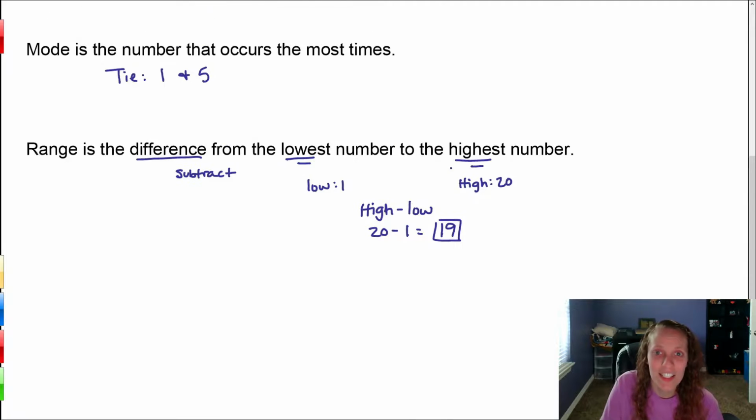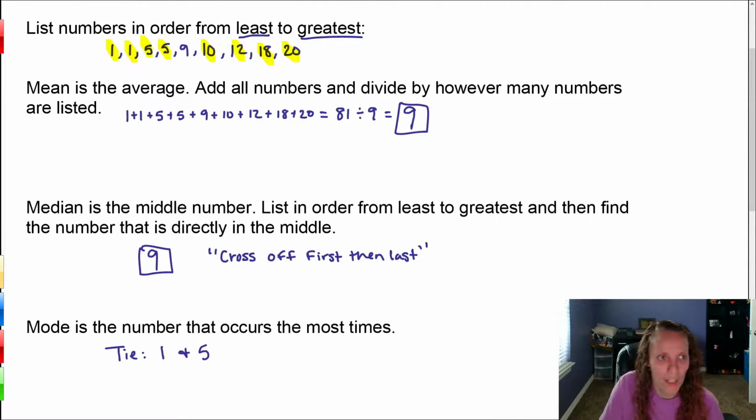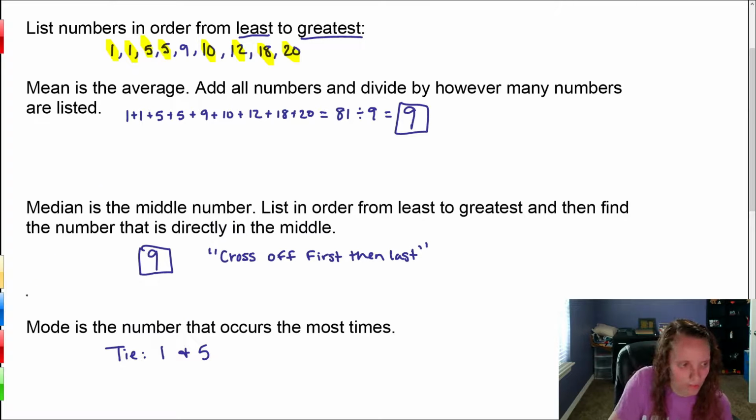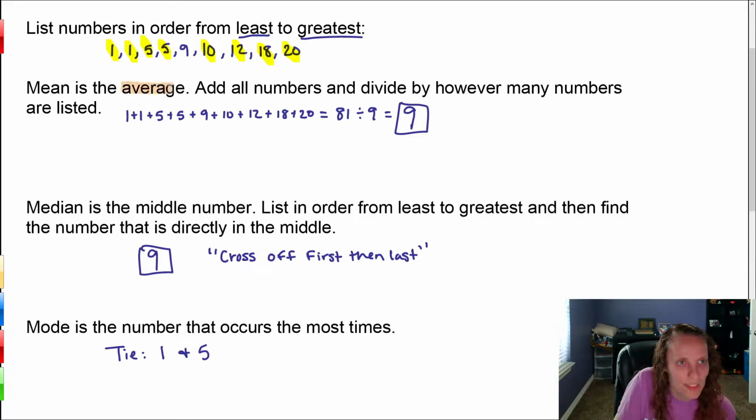Alright guys, that's a quick review over mean, median, mode, and range. Remember that mean is the average, where you have to add them all up and then divide by however many numbers there were listed.